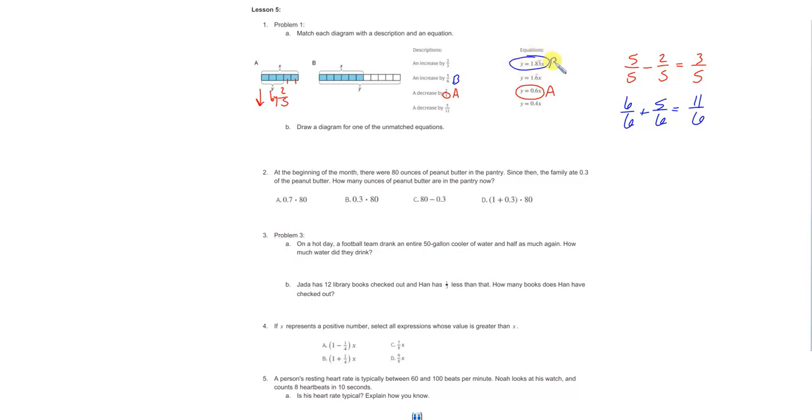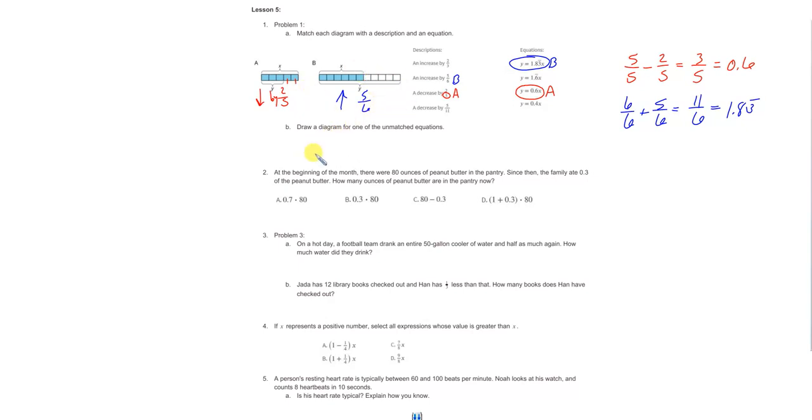So this matches B. So I guess showing work could be showing that the equivalency is those decimals, and that's why we're matching them together. This was an increase by 5/6. We went up 5 of those 6 that I broke it down into.